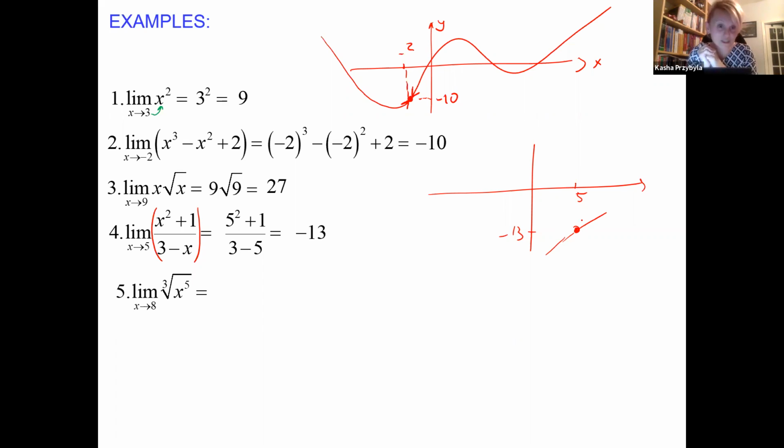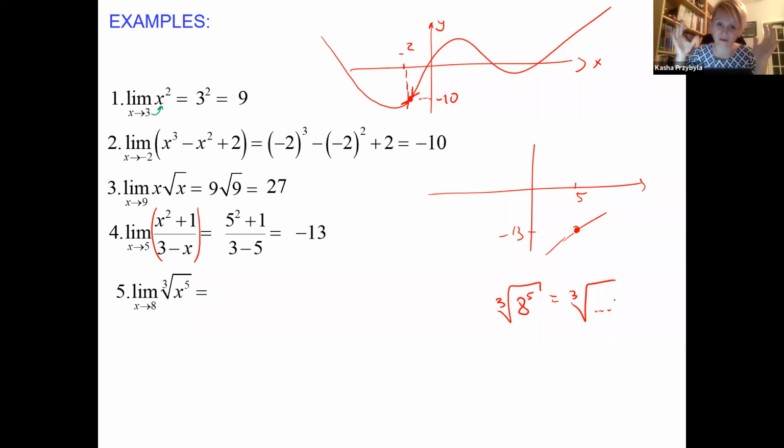As x approaches 8, what is the limit of the cube root of x to the power of 5? Do you think we can manage without the calculator? We have to be smart. Please do not compute 8 to the power of 5.